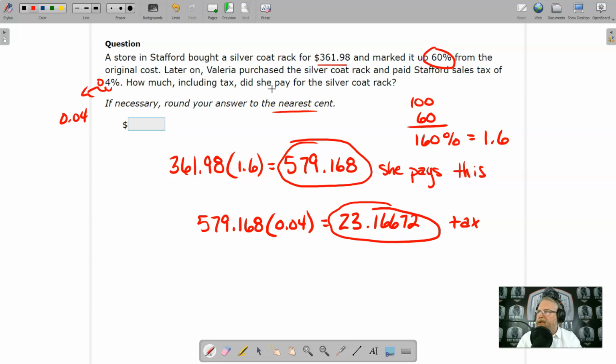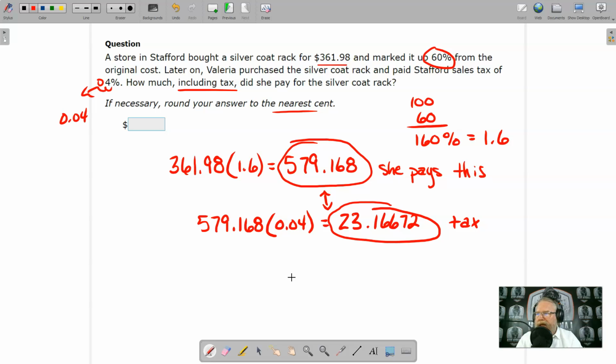Now they want to know, how much, including the tax, did she pay. So I need to add these two values together. I've already got the 23.16672 in my calculator, so I'm just going to put plus the 579.168.